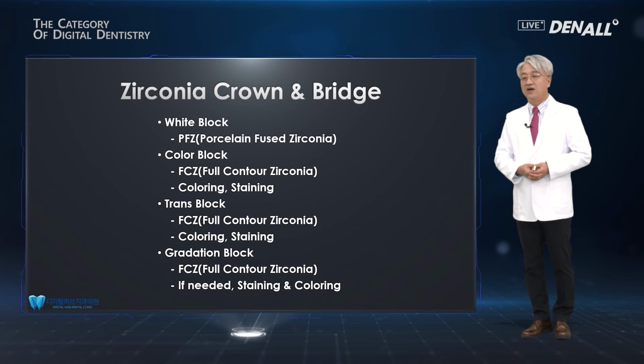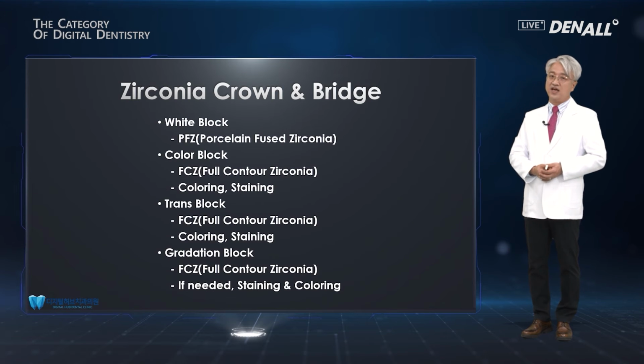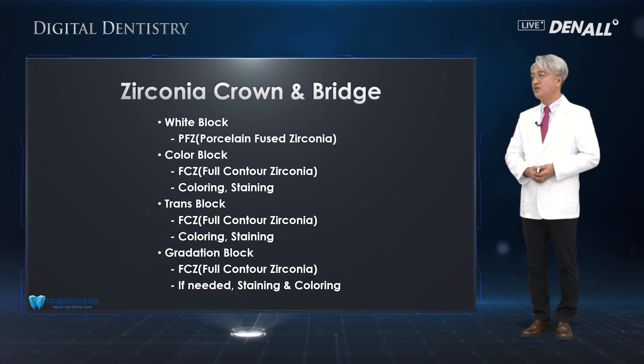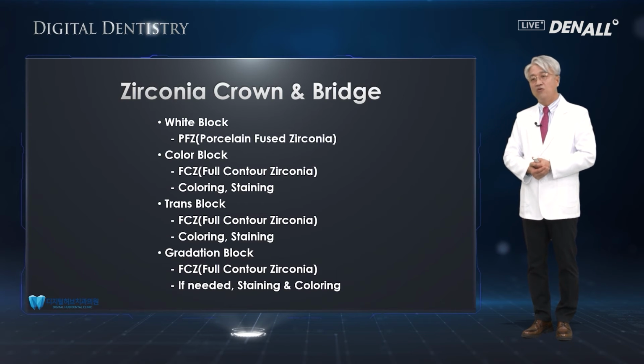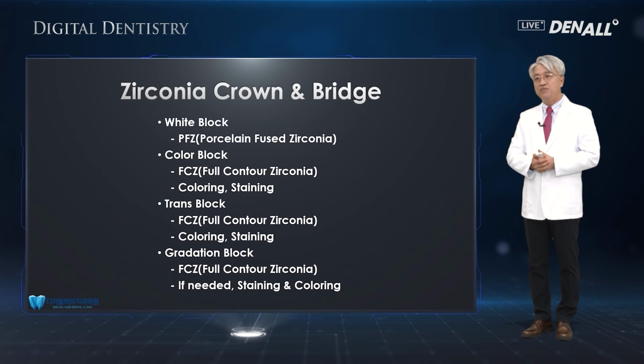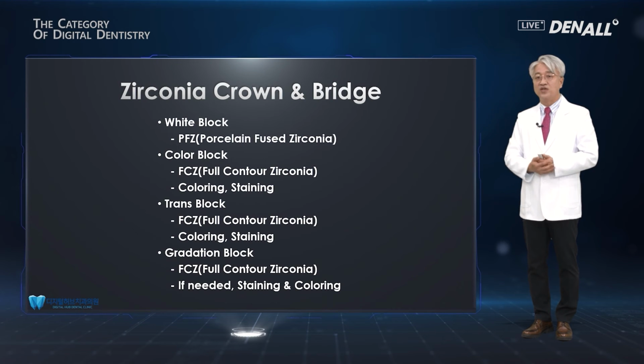First, compared to the past, zirconia has advanced a lot. In the past, full zirconia, a white block with no color, was first developed, and that block was mostly used as a core. In porcelain fused metal crowns, or PFM, that type of crown has metal on the inner side, so it didn't have very good color.